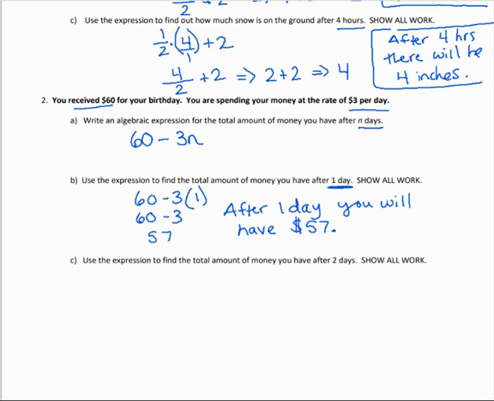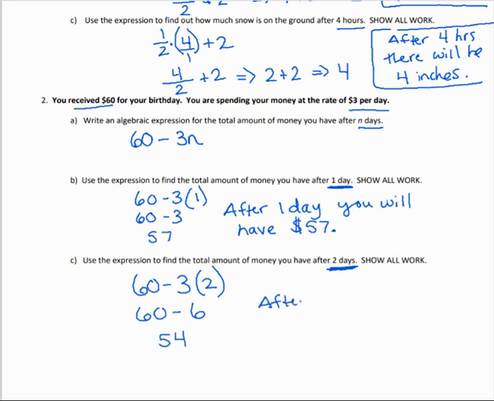Our next one, use the expression after 2 days. So very straightforward. We're going to use our expression from part A, 60 minus 3n, but instead of n, we're plugging in a 2 for 2 days. Perform order of operations. So 60 minus 6, and that gives us 54.